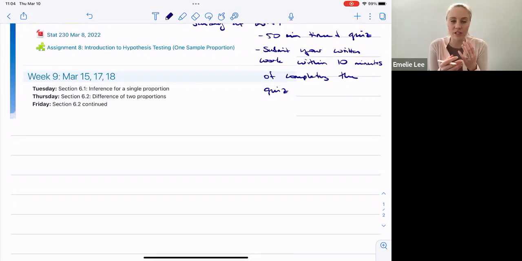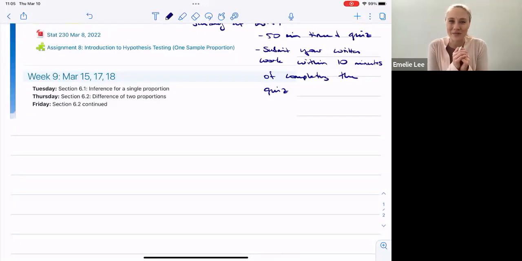So I'm not going to do the checking this time. I did the checking for the first one, mostly to show you the kind of things that I would give marks for. It's up to you to check your quiz afterwards against your written work. If you find something where you think I might be able to give you more marks, then you let me know and I go in and check.